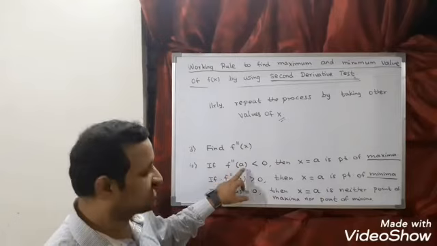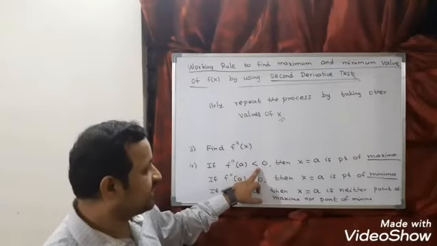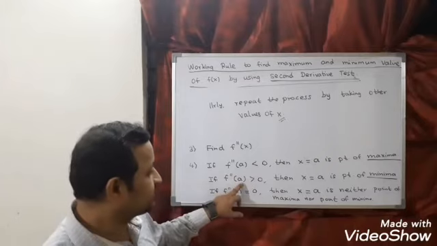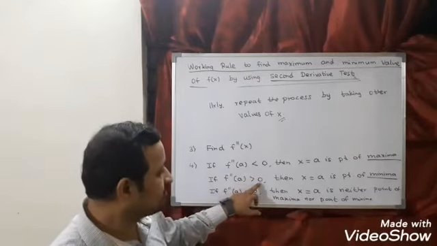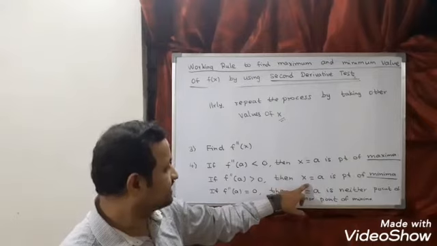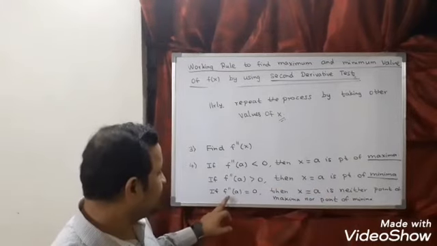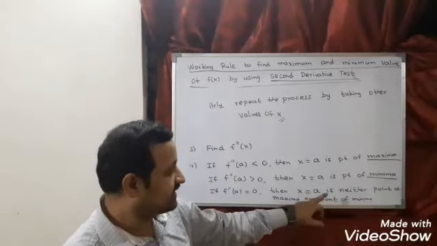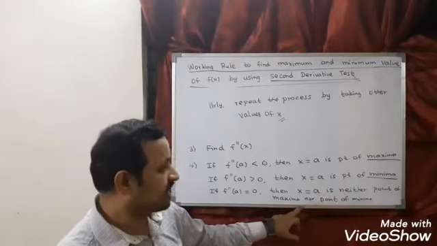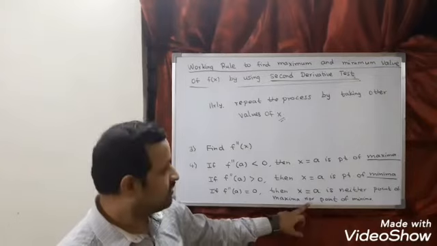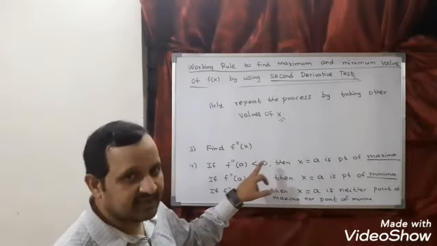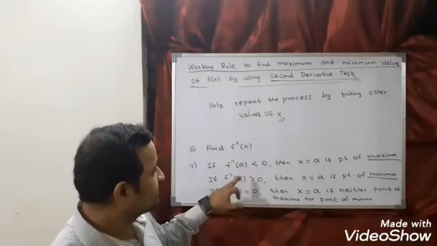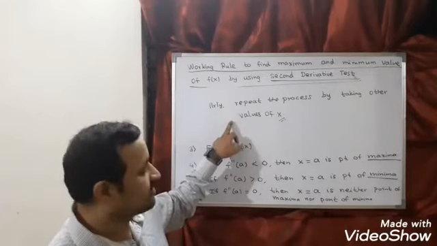If f double dash a is less than 0, then x is equal to a is a point of maxima. If second derivative at x is equal to a is greater than 0, then x is equal to a is a point of minima. If f double dash a equal to 0, then x is equal to a is neither a point of maxima nor a point of minima. So this process I did by taking x equal to a. So repeat this process by taking other values of x.